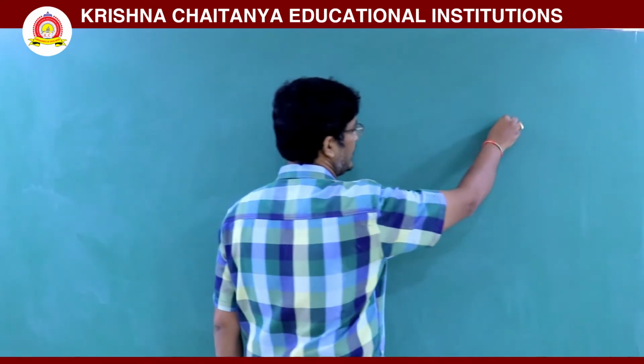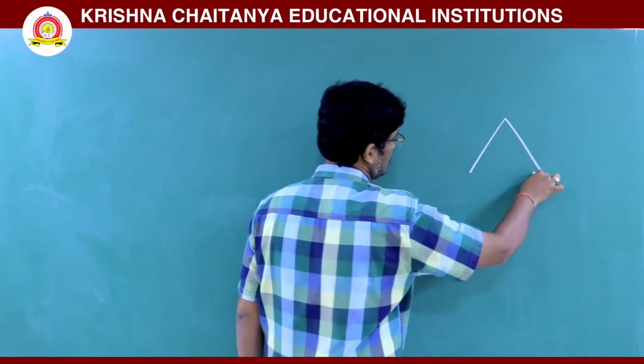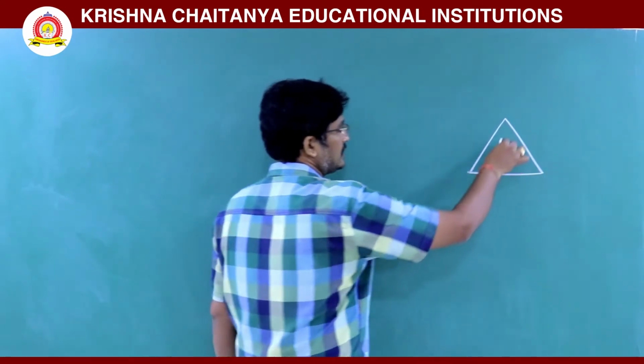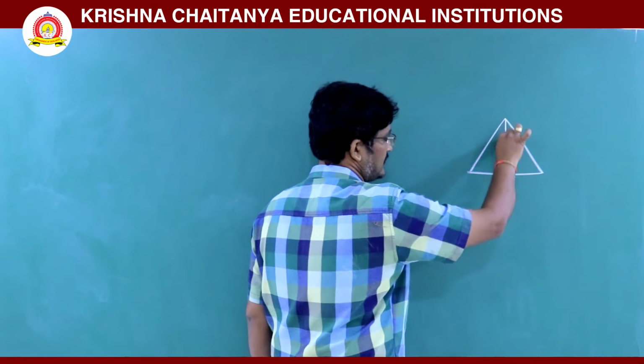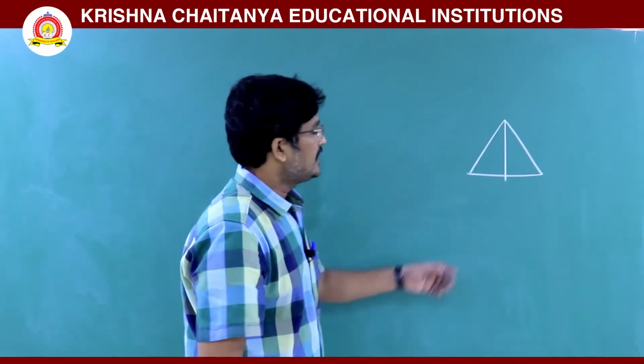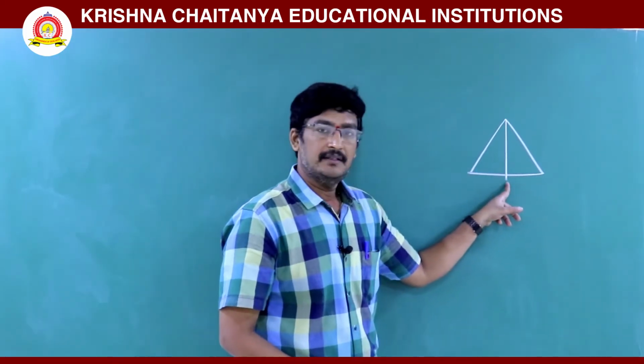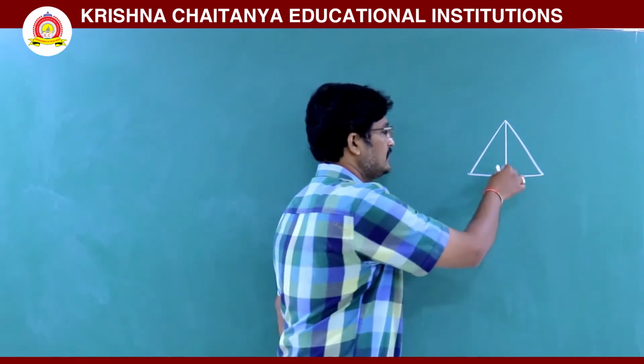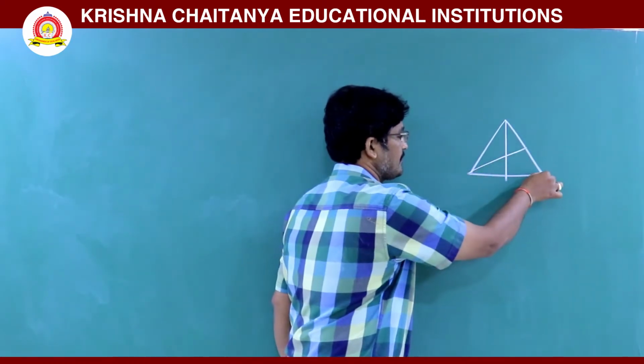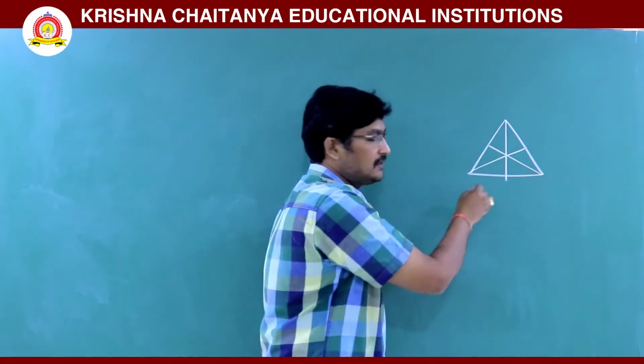Suppose you take any triangle. This is the median, passing through a vertex and joining the opposite side at its midpoint. There are 3 medians in the triangle.